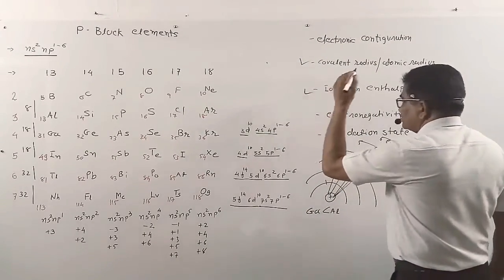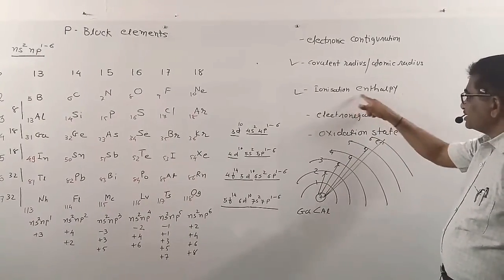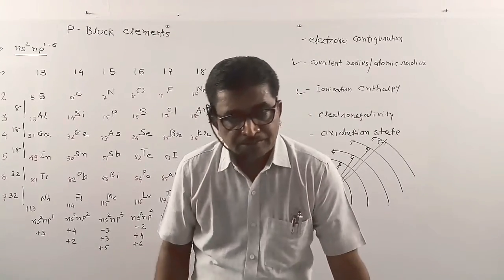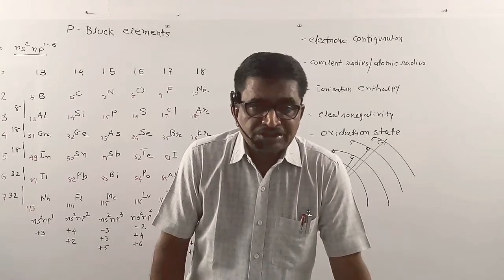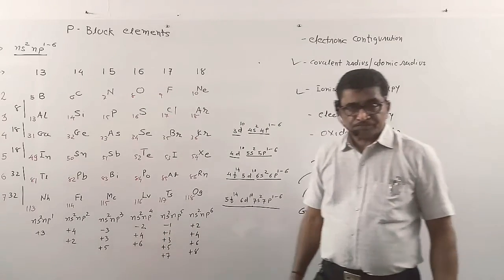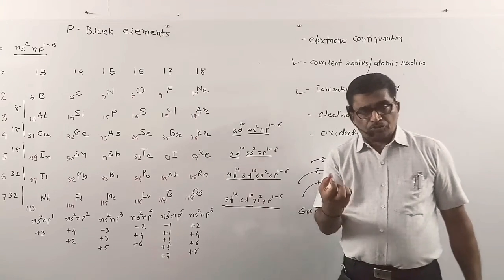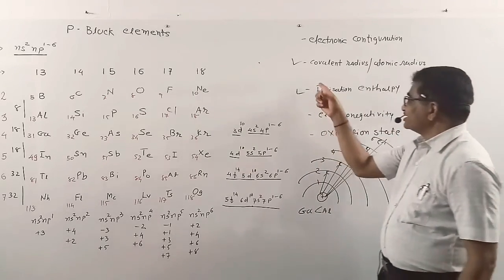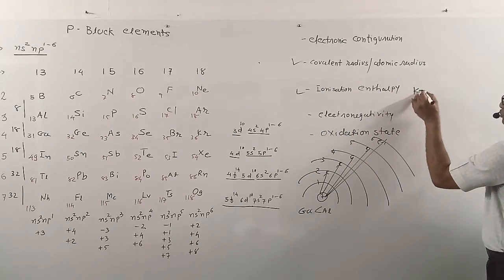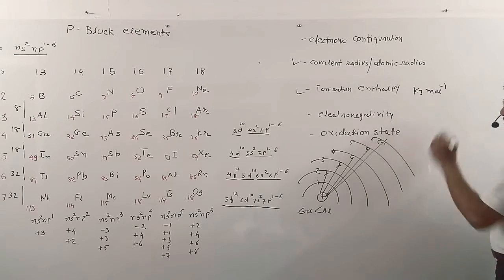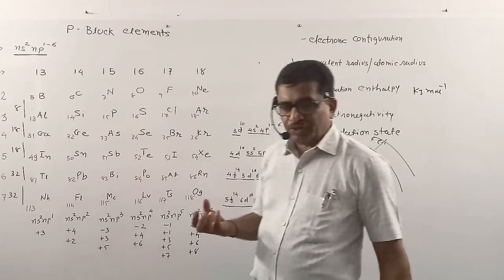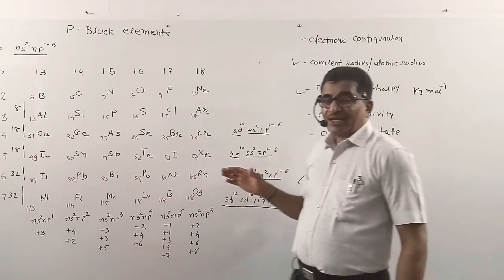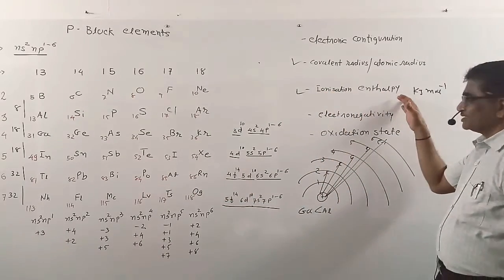The third periodic property is ionization enthalpy. The definition of ionization enthalpy is: in a neutral gaseous form of any element, if we want to remove one electron, the energy required is known as ionization enthalpy. The unit of ionization enthalpy is kilojoule per mole.